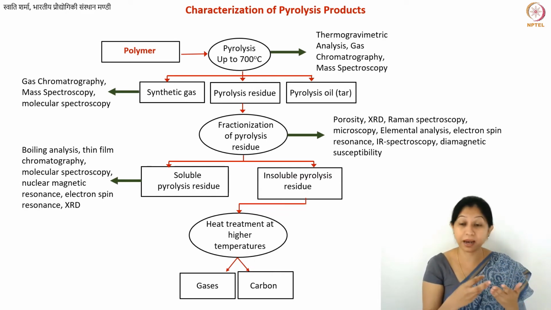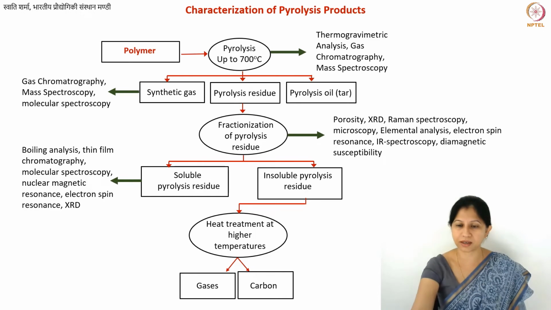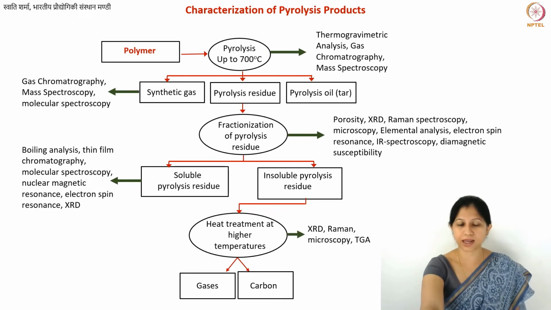You can even perform NMR, of course ESR again, and you can also perform X-ray diffraction analysis, or rather X-ray spectroscopy. And for the surface analysis of the fractionalized pyrolysis residue, you can also use XPS, which is known as X-ray photoelectron spectroscopy. That gives you details about the surface functional groups. So these are the techniques that you can utilize at these stages.